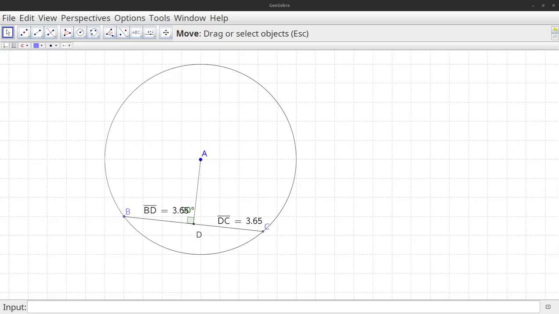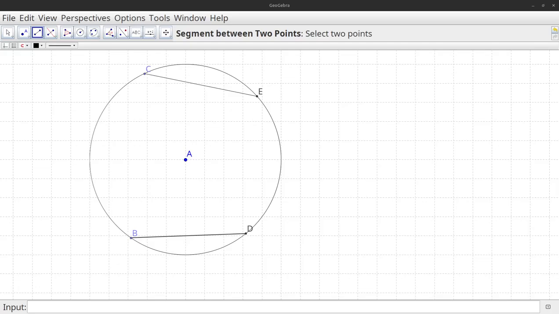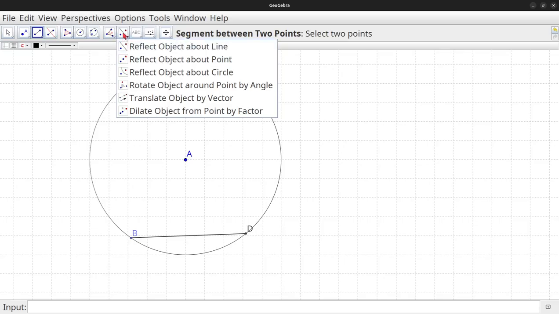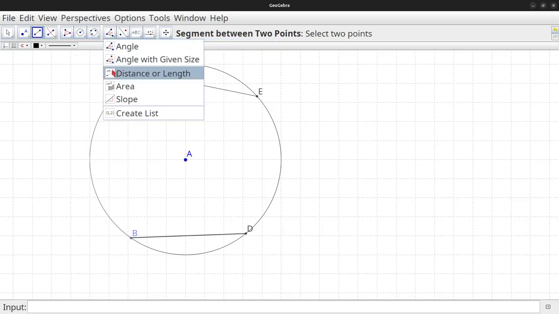And then in GeoGebra, we are going to draw two chords with the same length. Now here are the two chords in the same cycle and they are equal. Let's confirm. Let's just measure their distance.